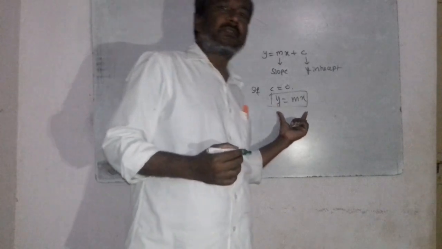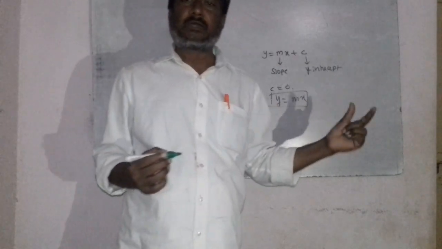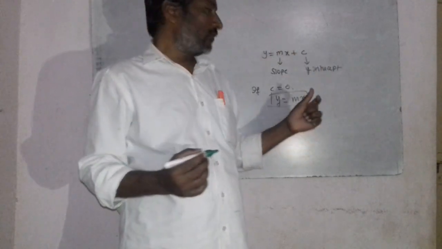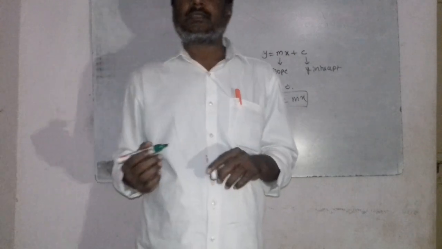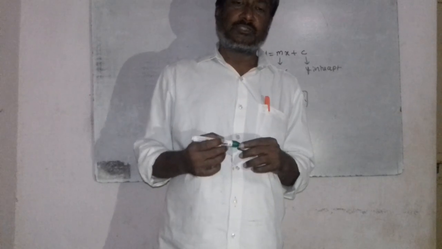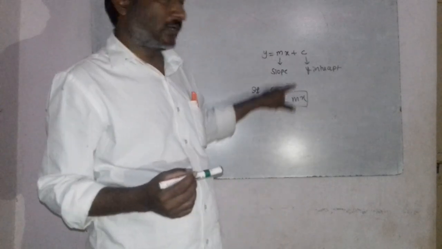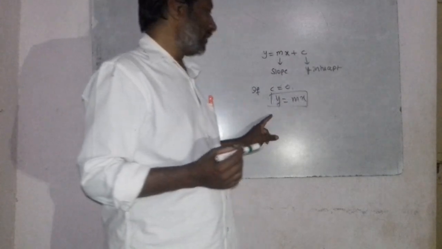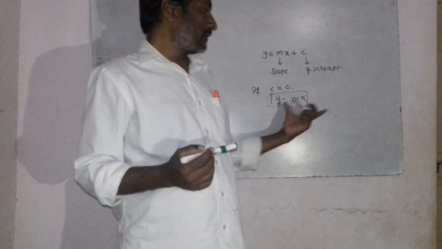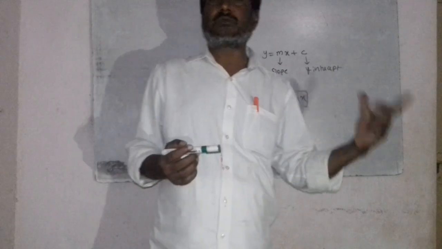The equations of this form always pass through the origin. So if the equation of a line passes through the origin, then the line makes intercept 0. So remember these two, y equal to mx plus c and y equal to mx. These kinds of equations always pass through the origin.